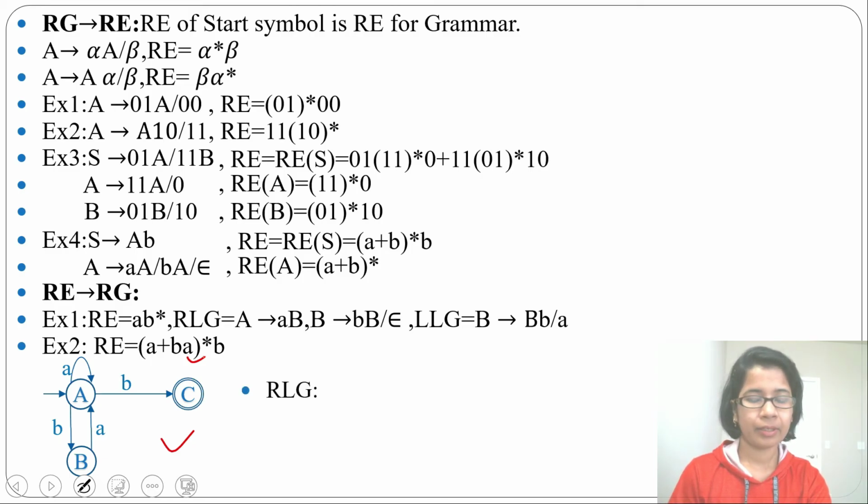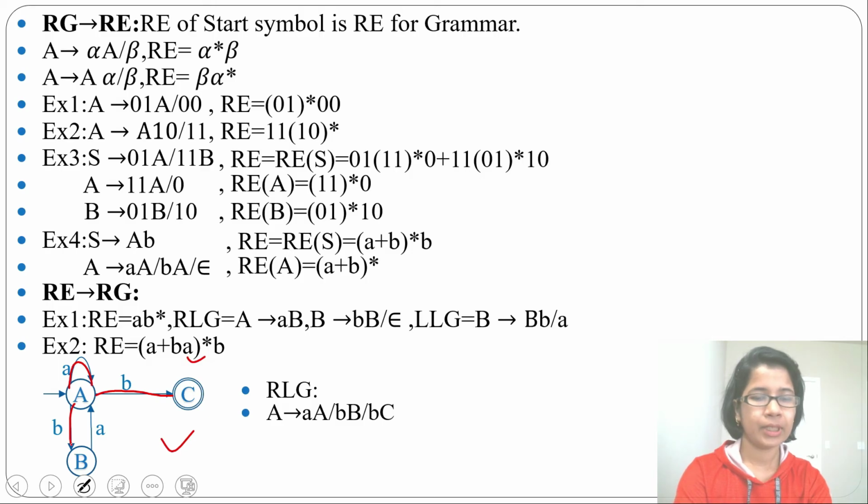Let's find the right linear grammar for this. In case of right linear grammar, the initial state will be the start symbol. So we'll start from state A. From A by a it goes to state A, by b it goes to state C, by b it goes to state B. So from A we can derive aA, bB or bC.